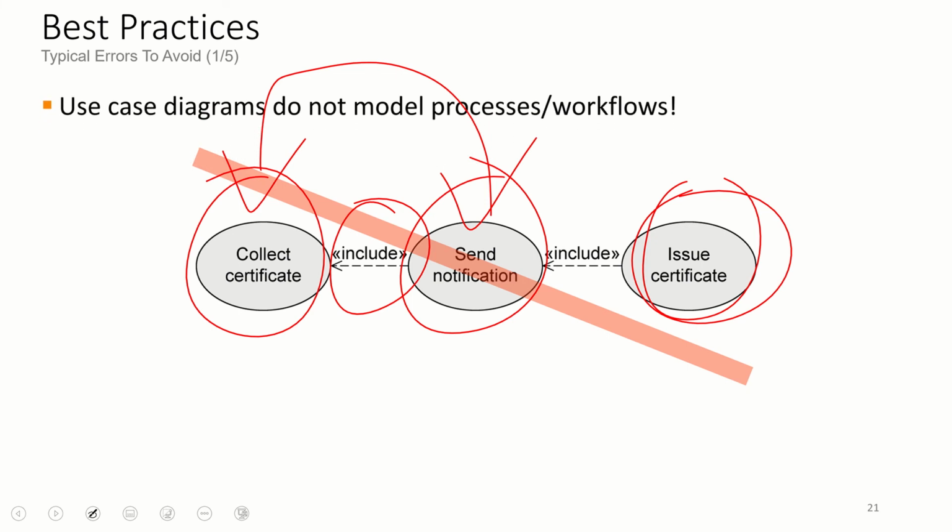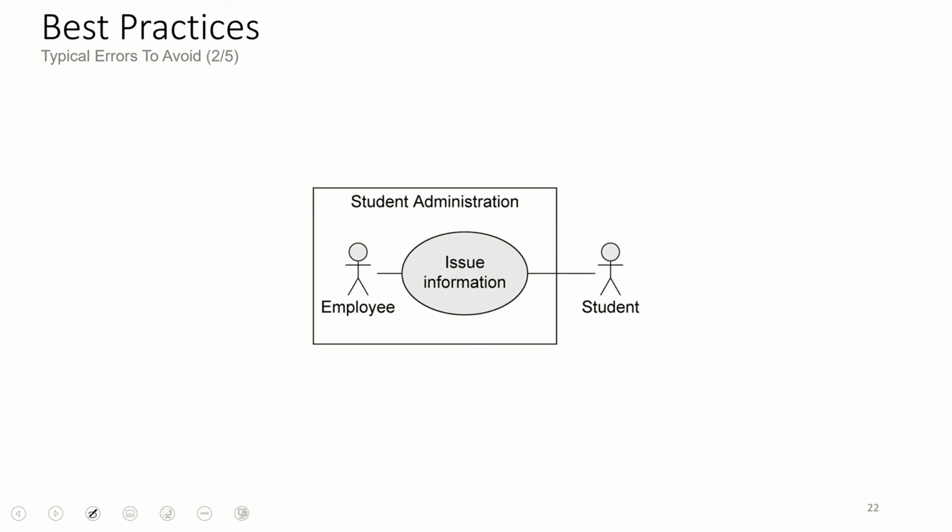As we said, use case diagram does not model process or workflow. Every use case is equal and at the same level, which means they all interact with the actor at one level.